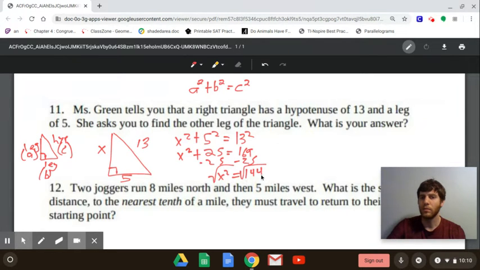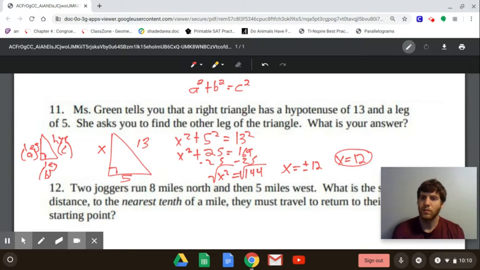The square root of 144 is 12. So x is going to equal plus or minus 12. Okay, but we're dealing with distance, so you can't have a negative. We really just want the positive distance here, which is going to be 12 units, or whatever the units are there.